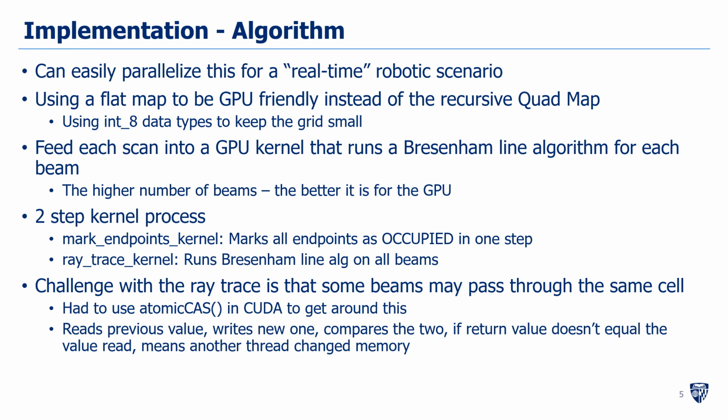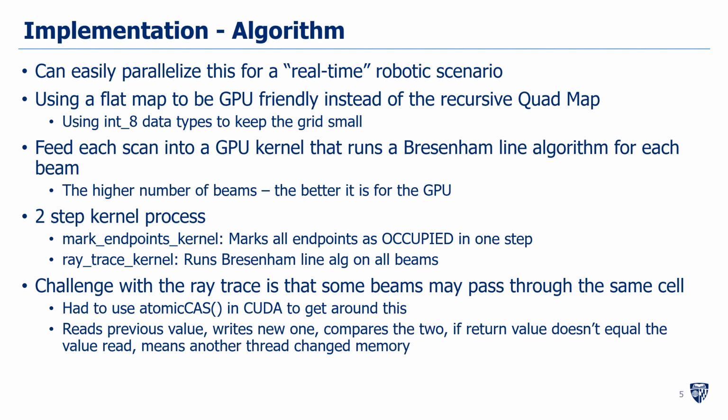And luckily CUDA has a function that can help with that, atomic CAS. Essentially what that does is it reads the previous value, writes a new value, and then compares the two. It compares the return value to the previous value, and if it doesn't equal itself, then it knows that another thread changed the memory.